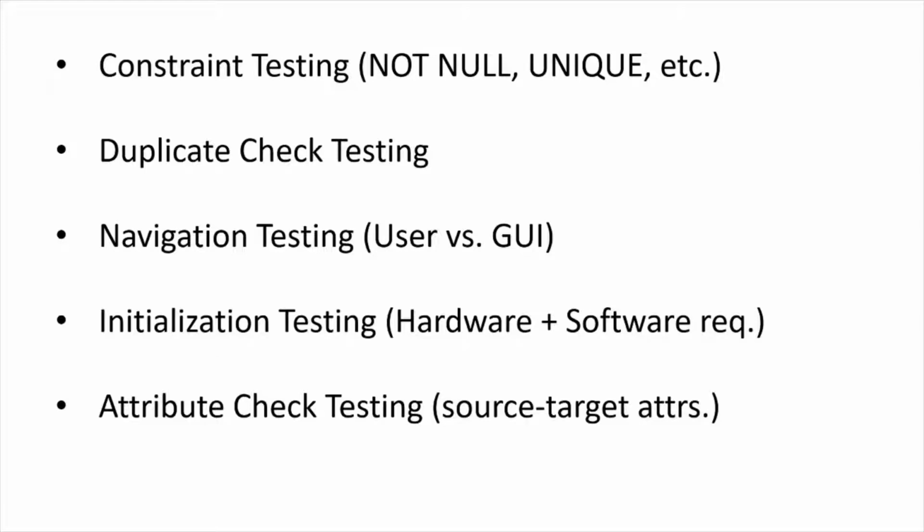After that, we need to review the navigation testing, initialization testing, and attribute check testing, which is just comparison between source and target attributes. So what we got in the data warehouse and what the end users will see in the interface.